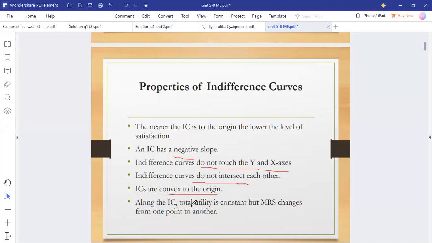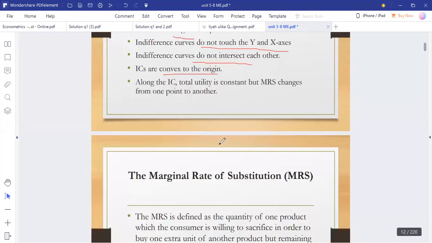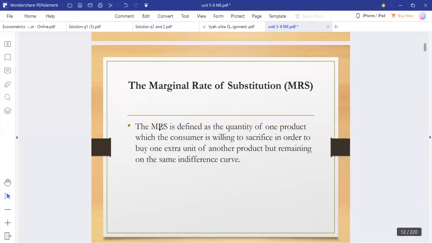And along the indifference curve, the total utility is constant, but the marginal rate of substitution changes from one point to another, and satisfaction is maximized at the point of tangency. The marginal rate of substitution simply is defined as the quantity of one product which a consumer is willing to sacrifice for the other by buying an extra unit of another product, but remaining within the same indifference curve.